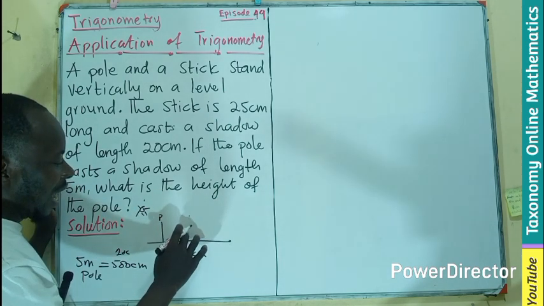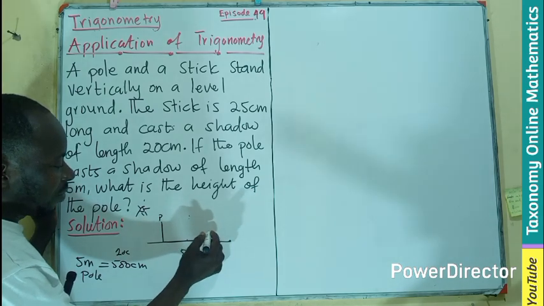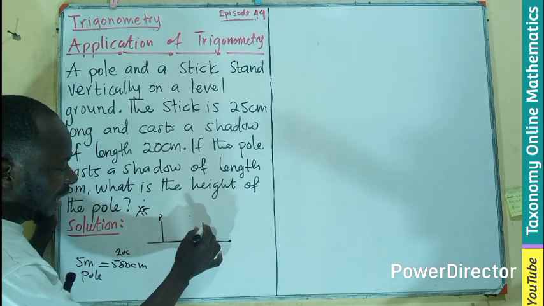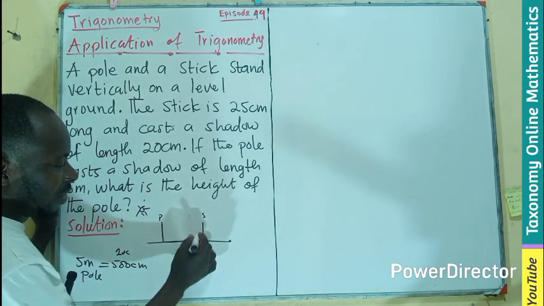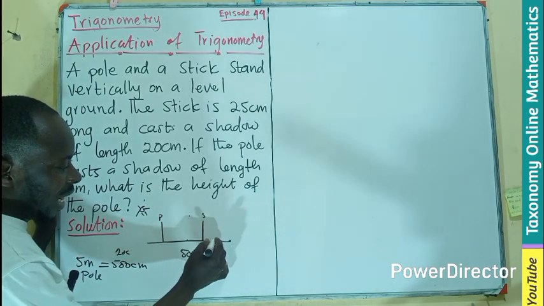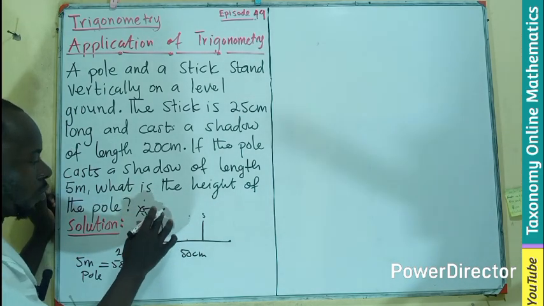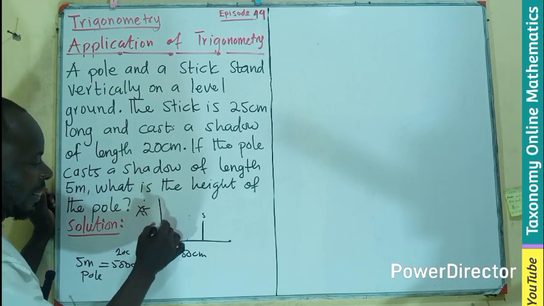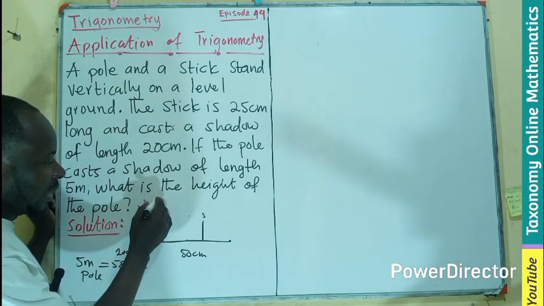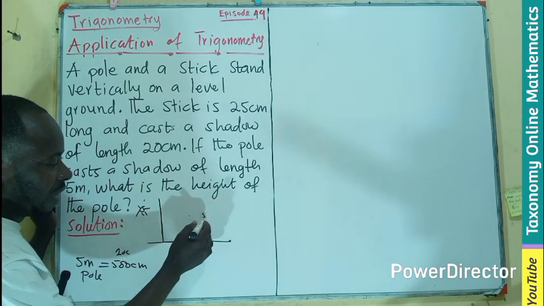So let's say I indicate this line here. This is the stick. If the stick is here, the shadow will only fall to this side, and it means that this pole will be longer in length. The shadow falls to this place.